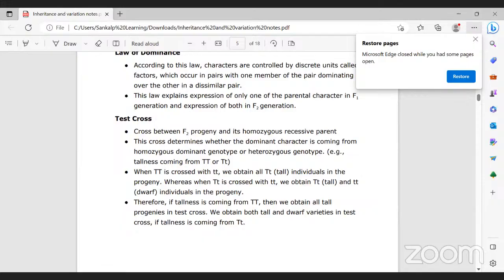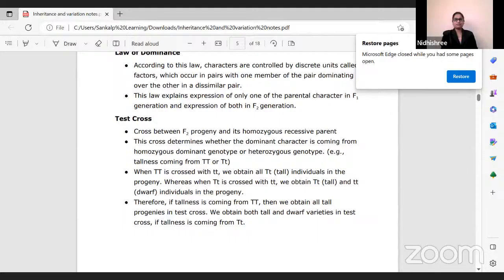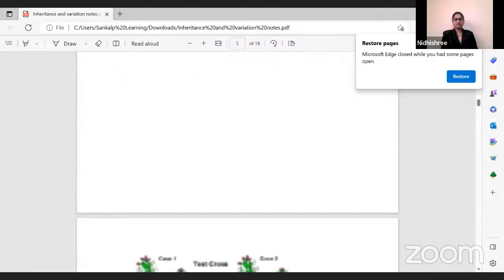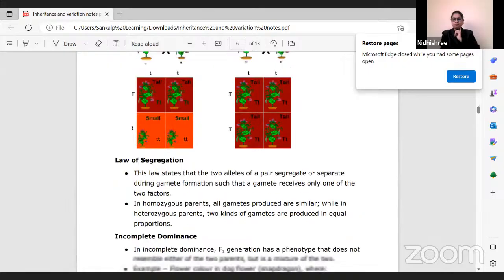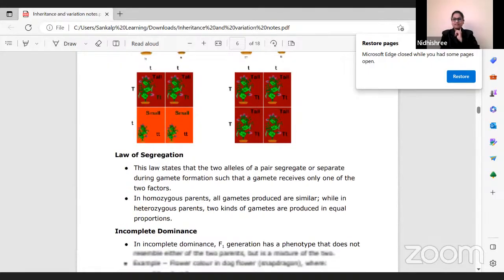We obtain all tall progeny in test cross if tallness is coming from TT. We obtain both tall and dwarf varieties in test cross if tallness is coming from Tt. Okay, fine. So this is regarding the test cross as well as the Punnett square of monohybrid cross. Law of segregation, very important. This one, very important concept.